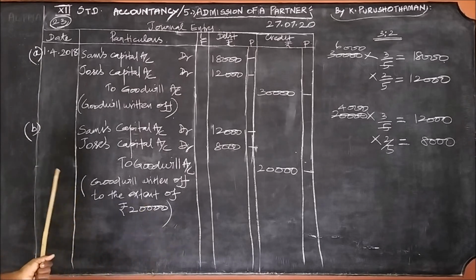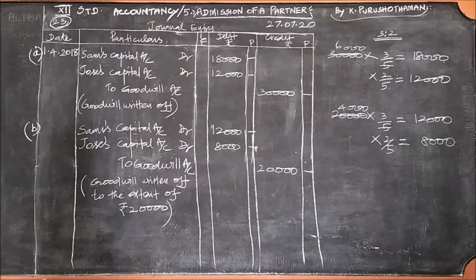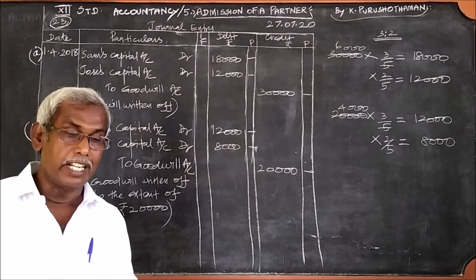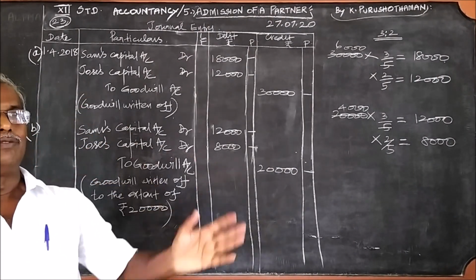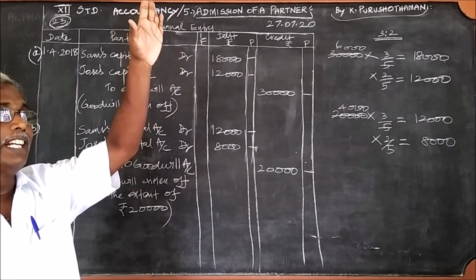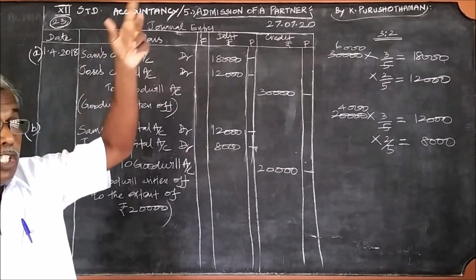It was divided among the partners. But in this problem number 23, it is just the opposite. The amount of goodwill was not divided among the partners, it was written off. So those entries, bank to capital account or bank to current account, will be reversed here.